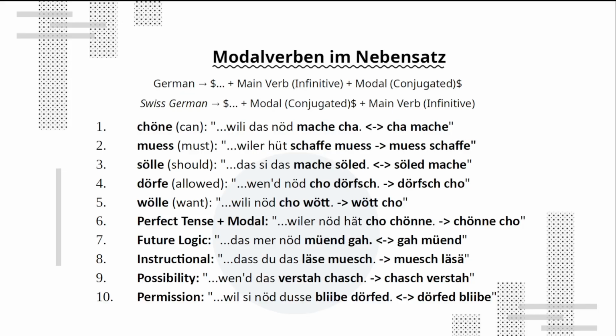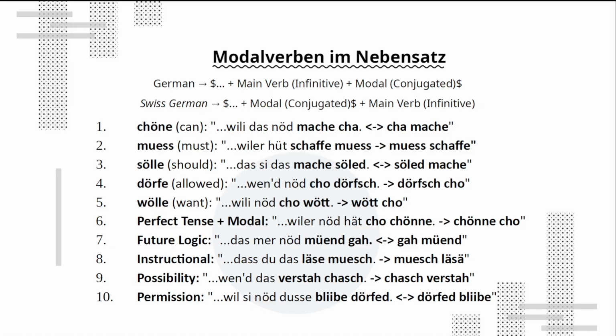Again, if it's with an additional explanation, I would use the first one. If it's simply by itself, it's musst lesen rather than lesen musst. But it's the same. Possibility: wenn das verstehen kannst, or wenn das kannst verstehen. The second one sounds better to my ears, but they both work.